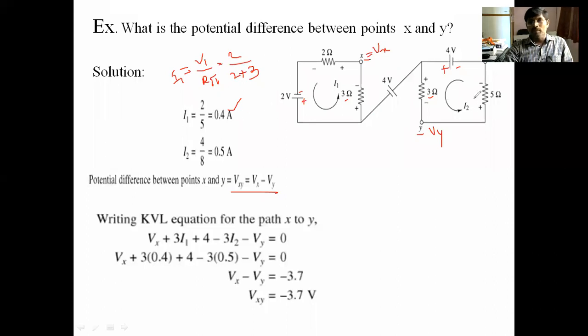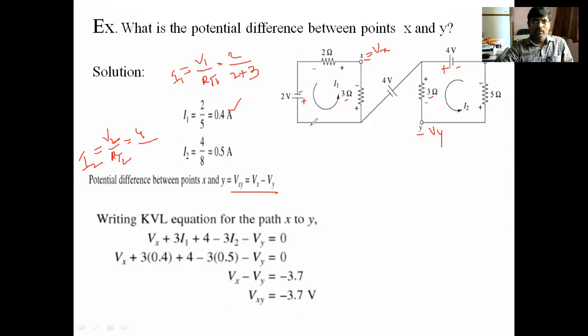In a similar way, come to loop 2 and find the current I2. Again the same formula: I2 is equal to V2 by RT2. What is V2? V2 is 4.